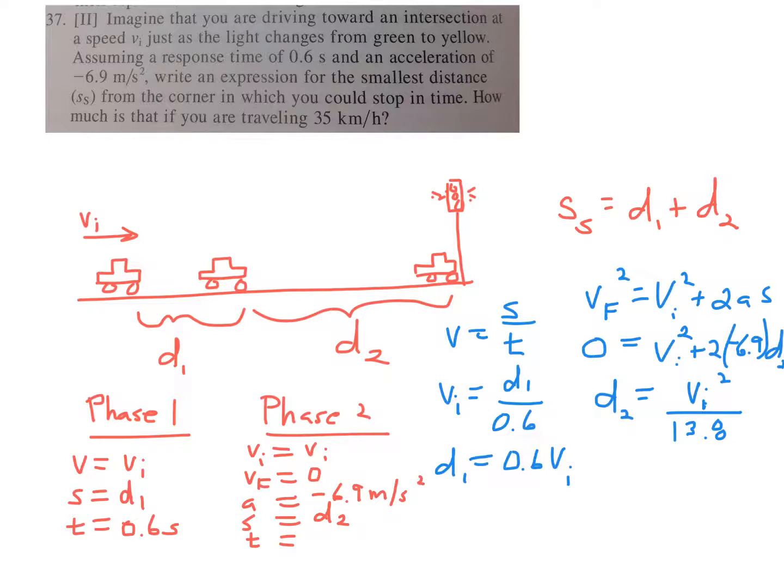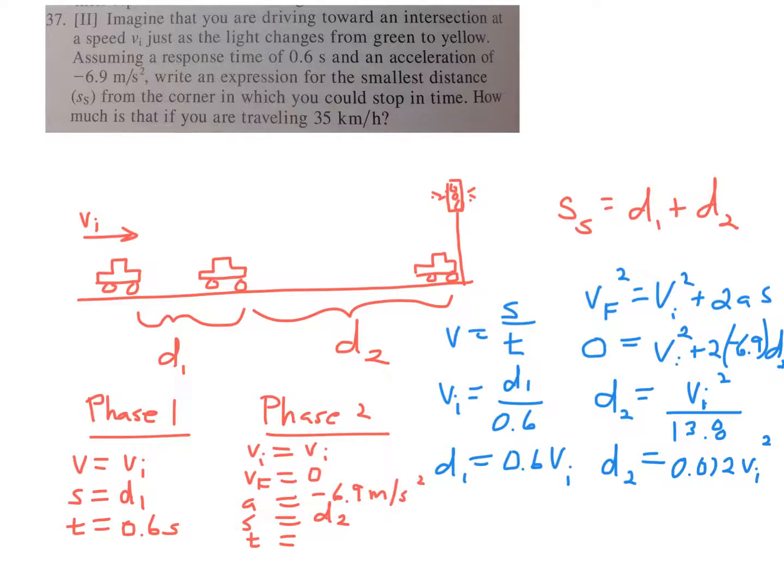And I'm going to put that in decimal form. D sub 2 equals 0.072 v sub I squared.